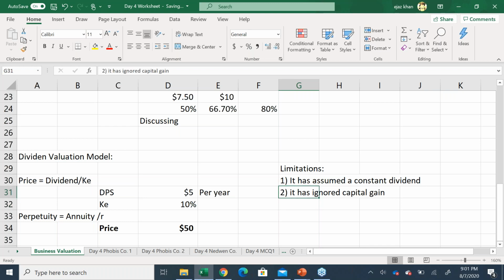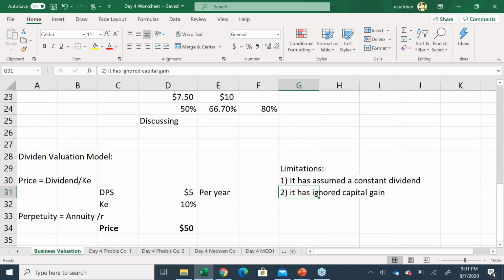Don't you think capital gain is also a return? It's not only the dividend that you receive, it's also the capital gain. If you hold the share of a company for 1 year, you will get benefit in two forms: one is the dividend for the year, and the other is the appreciation in the value of the share.